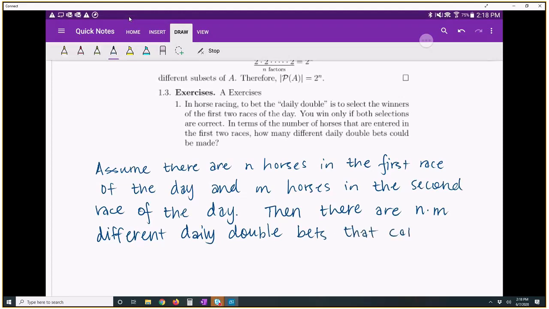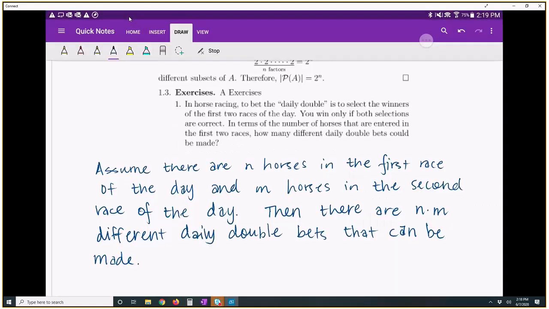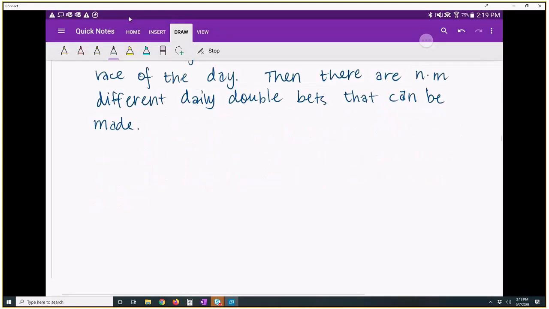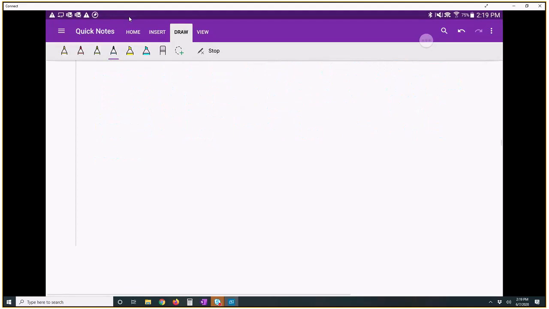Because first you have to choose a horse for the first race, and you have n different choices. Afterward, you choose a horse for the second race, and you have m different choices. So you have n times m total choices.